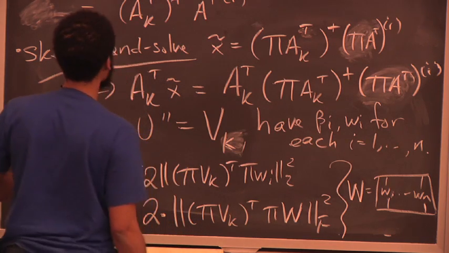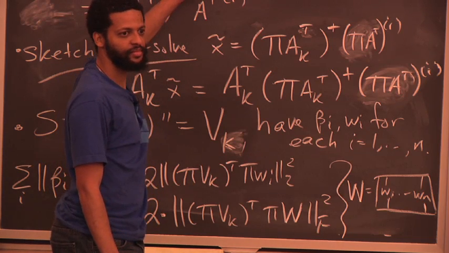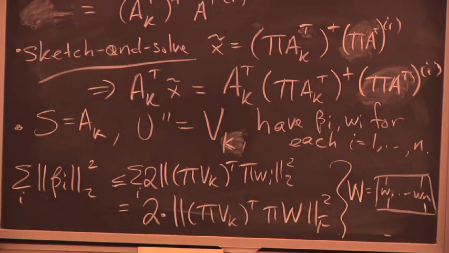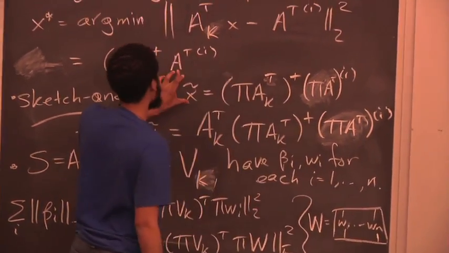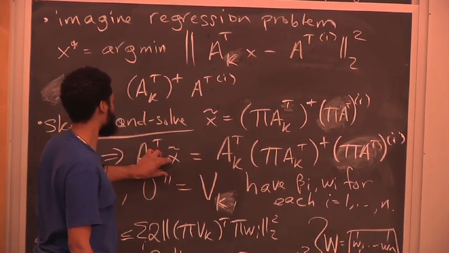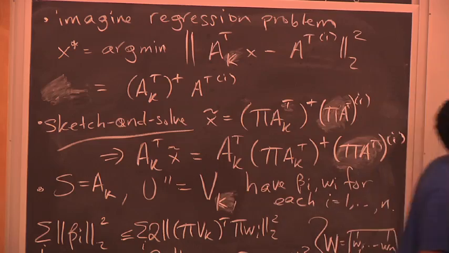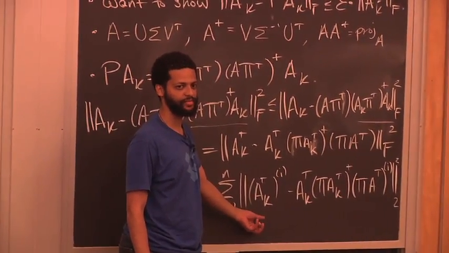So I'm saying if you were to do sketch and solve on this regression problem, you would get x tilde being this thingy, which means that AK transpose x tilde would be exactly what we got over there, which means this thingy over here is exactly what your cost would be if you had done sketch and solve to solve that regression problem.